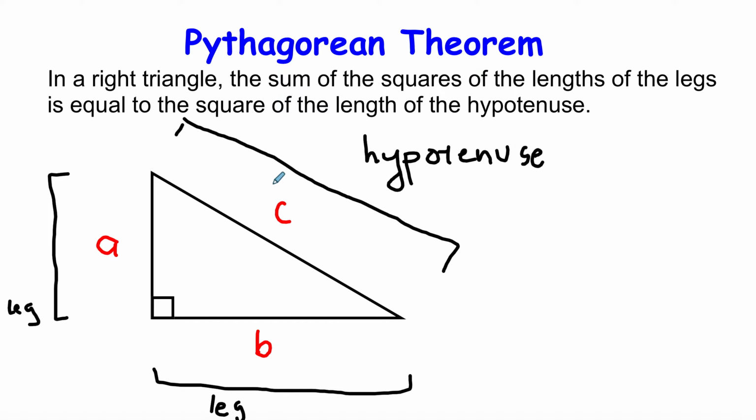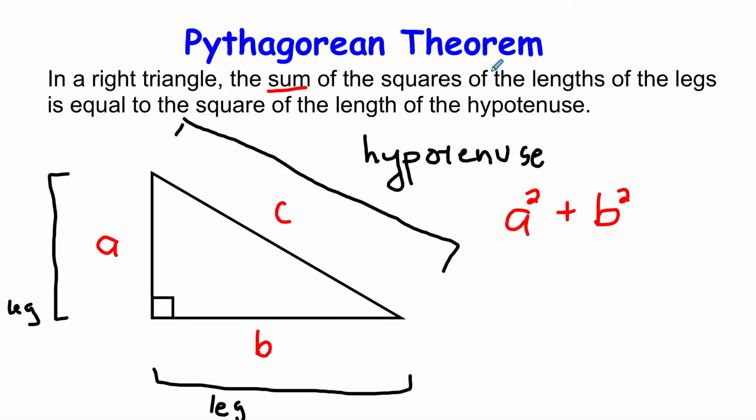Then the sum of the squares of the lengths of the legs: the length of this leg we're denoting by A. So I'm squaring the length of the leg, which is A squared and B squared. And let's talk about the sum, so we're adding them together.